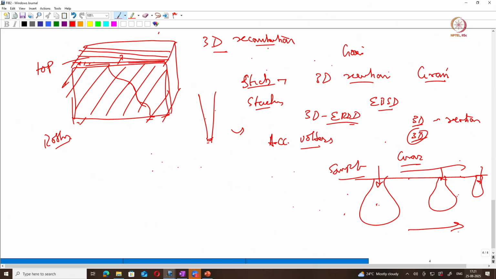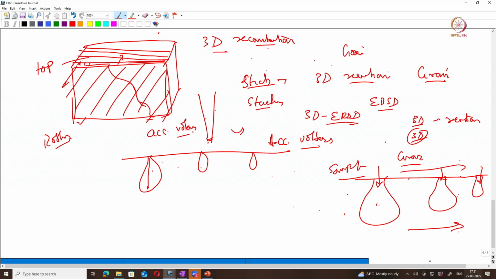Similarly, for the gallium FIB also, the interaction volume for 30 kV will be much higher, for 20 kV it will be less, for 5 kV it will be much less. Okay, so this is the interaction volume. It is nothing but the travel path of the gallium ions until it loses all its energy and it gets deposited. Okay, so based on the accelerating voltage, you can have different interaction volumes.